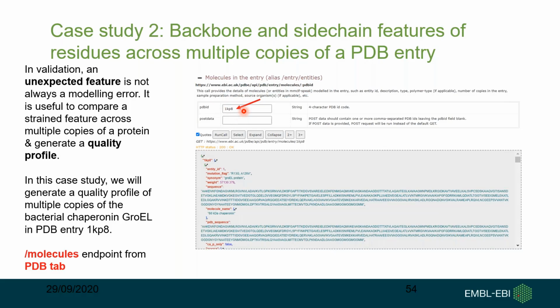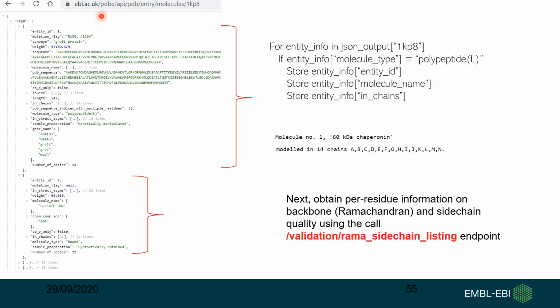Again, all you have to do is input 1kp8 into the form and click run call and look at the JSON output. Because this field here is quite limited in size, you can copy the URL here and paste it into your favorite browser. And let us take a look at the JSON output.